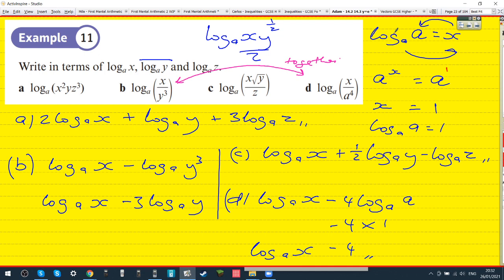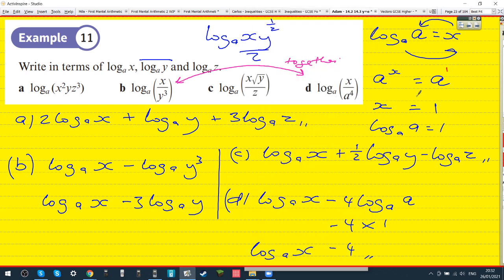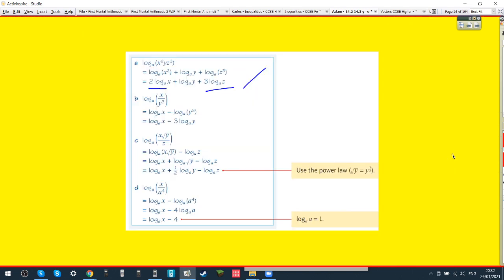We just proved that log anything to base itself must be 1. So if you ever see like log 5 base 5, let me just check that. Log 7 base 7. Yep. Log anything base itself is 1. Because anything to the power of 1 is itself. Okay. Great. Good.